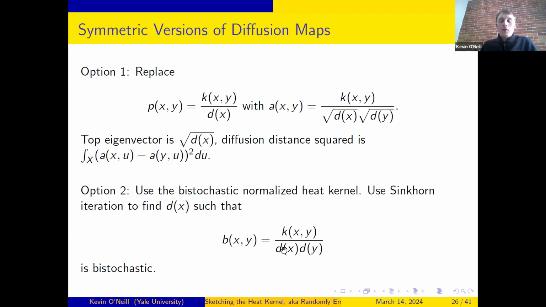Just some arbitrary function that we haven't found yet, which you divide by in this way, and you choose it such that this is now bistochastic. It's a theorem of Sinkhorn and I believe Knopp that such a d of x exists, and there's a Sinkhorn iteration algorithm which tells you how to find it. So you can also bistochastic normalize, so you get something which is symmetric and a Markov chain. All right, so this gives us a very nice comparison point.